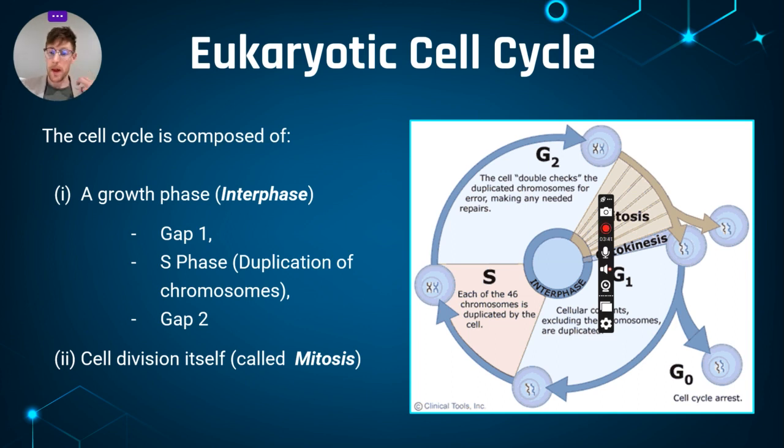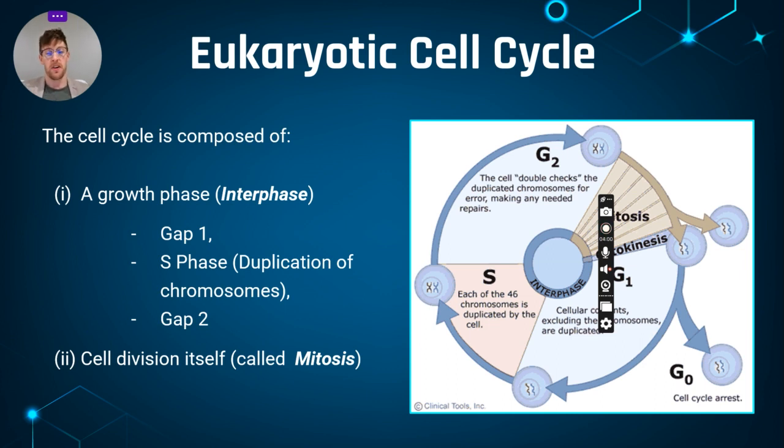The G0 on that picture refers to a cell that was not told to replicate. We say that's cell cycle arrest. That cell was instructed by a particular protein reaction not to replicate at this point, so it doesn't go through interphase.